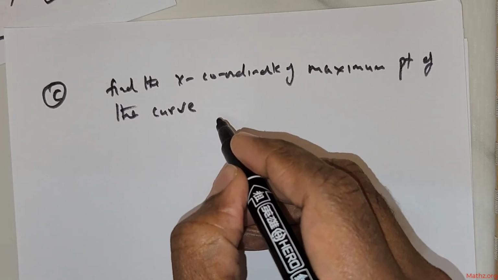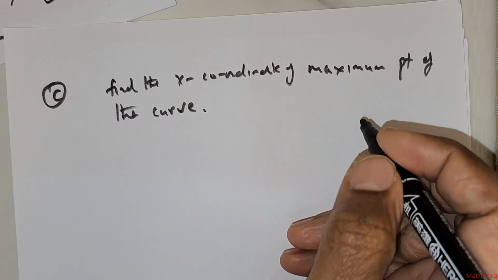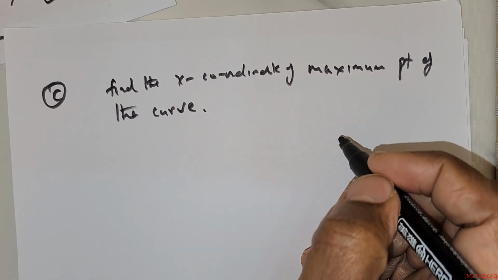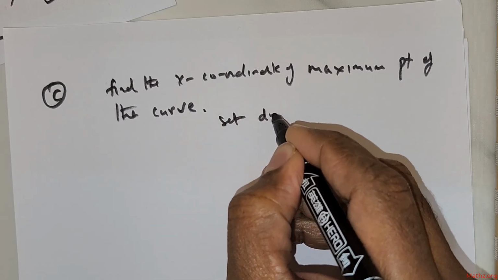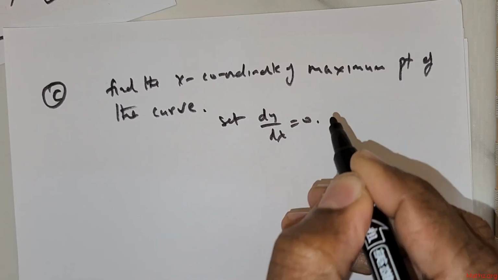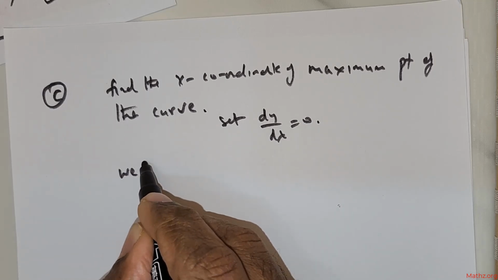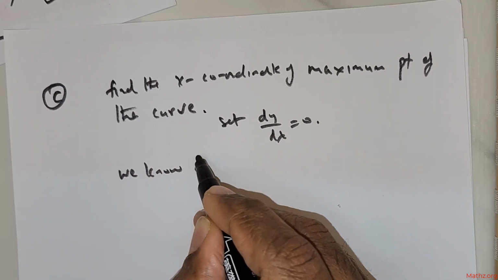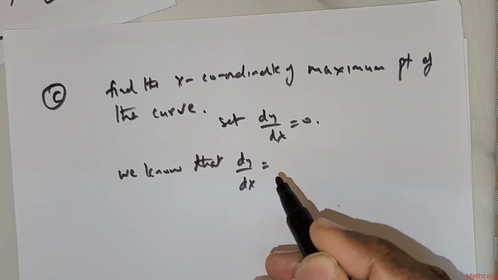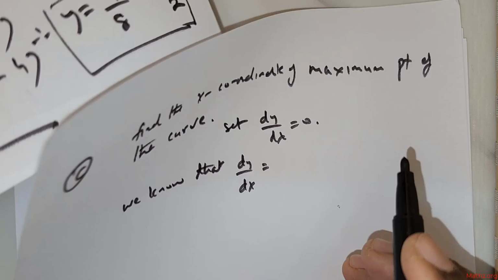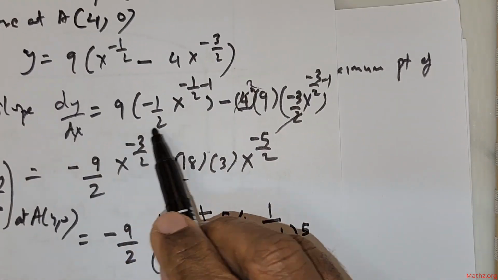Now for this, what we have to do is to get the x-coordinate of the maximum point of the curve. The solution is we need to set dy over dx to be equal to 0. Now previously we calculated dy over dx, right?